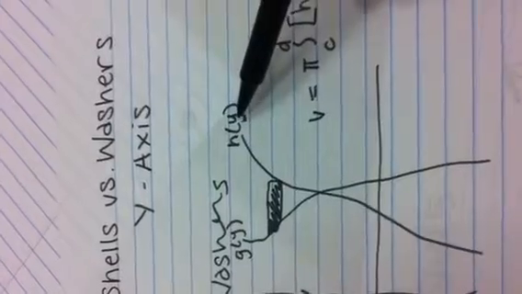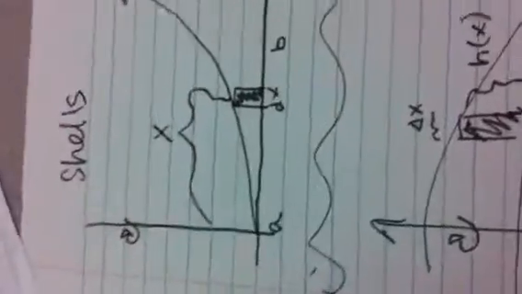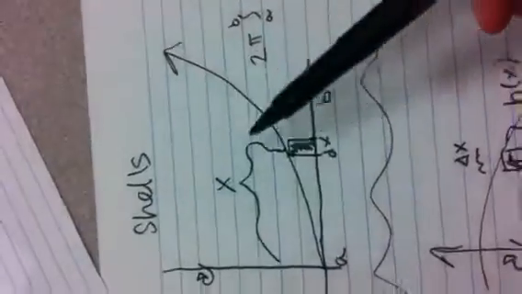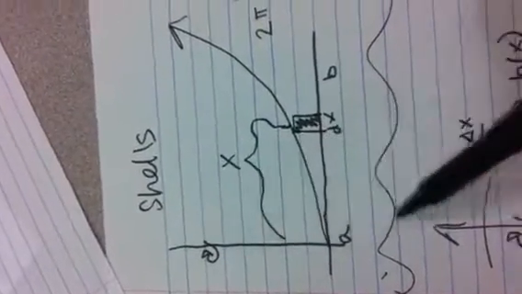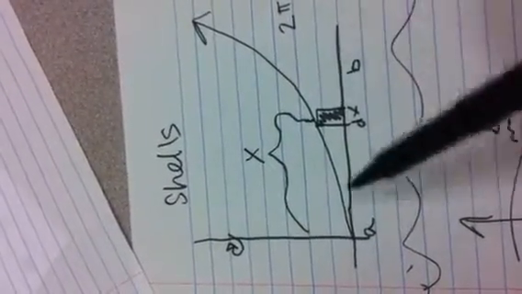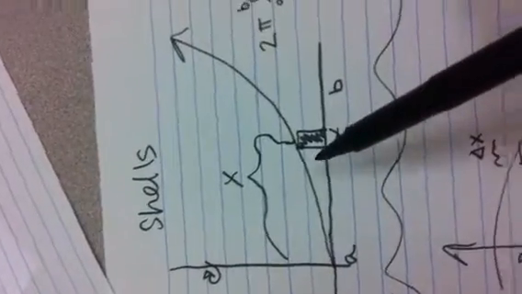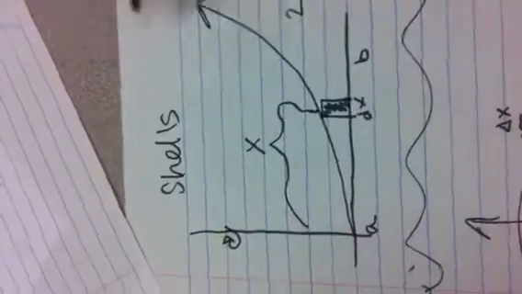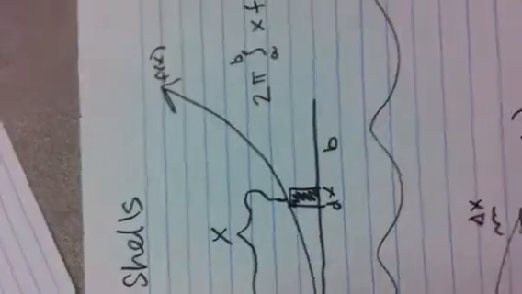It's y-axis, so our functions are in terms of y, and it's pretty simple to understand. But shells is a little bit trickier. Shells, if we're going around the y-axis, we're doing a to b on the x-axis, and our equations are in terms of x. I should probably write f of x. And same example down here.